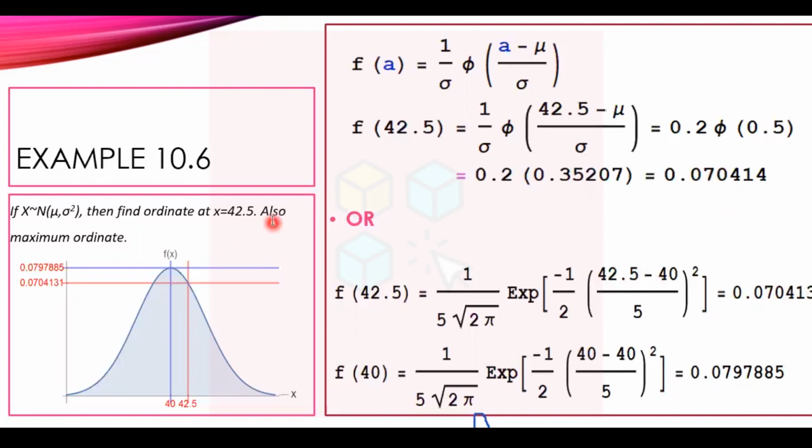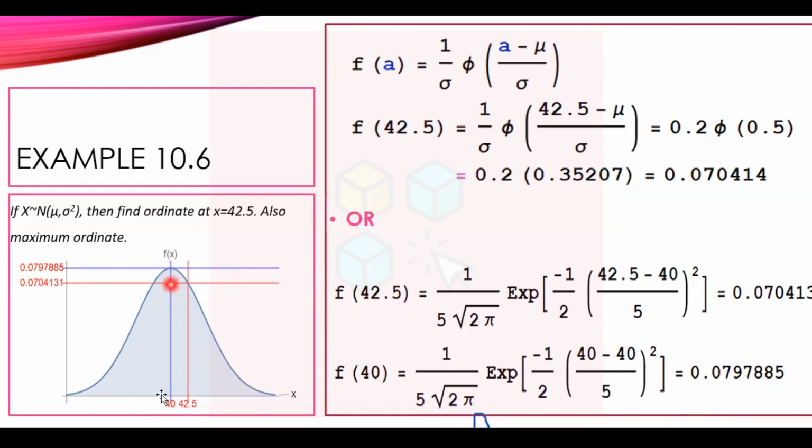The last part of this example is to also find the maximum ordinate. We know that the maximum ordinate is always at mu. You can look in the figure, and the central value is mu, which is 40. If we substitute this 40 in the expression instead of 42.5, we will get the maximum ordinate 0.079.